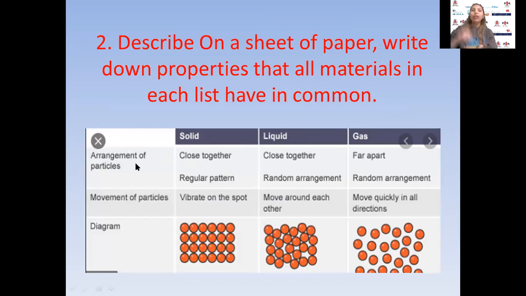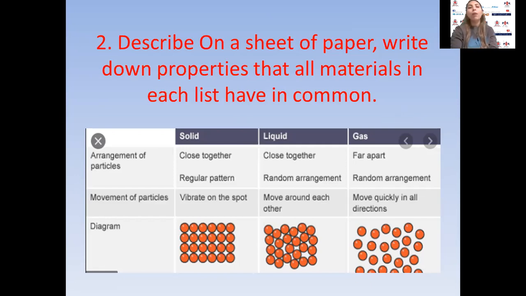Number one, in the arrangement of particles, as we said, the particles are close together in solid, intermediate in liquid, and far apart from each other in gas. So you can write intermediate in liquid, because particles of liquid can also move. So we can pour water from one container to another.